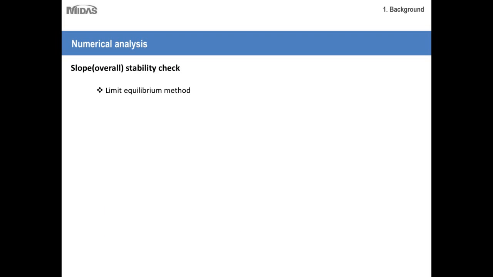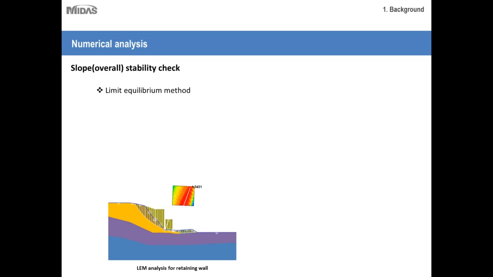So let's talk about how numerical analysis helps you out for slope stability or overall stability check. The first and foremost method, which is very common and very popular, that everyone is familiar with, is the limit equilibrium method. As we studied in school, the slope is divided into fine fragments or wedges, like rectangular strips, and we define a grid set which has different radii, but passing through a given point.